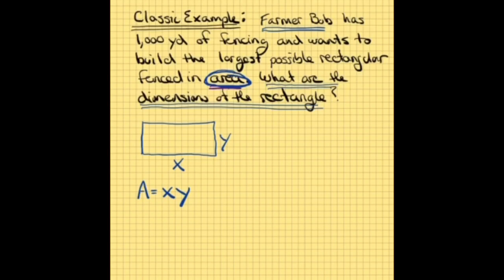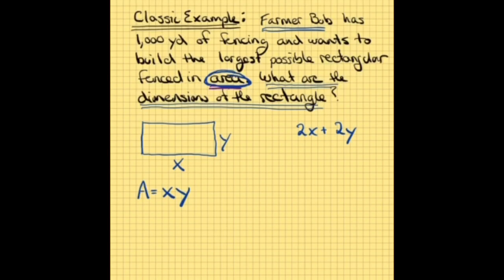The other thing we know is that Farmer Bob has 1,000 yards of fencing. The 1,000 yards of fencing correspond to the perimeter of the rectangle. And one of the things you're going to find in most, if not all, of these optimization problems is a constraint equation. Our constraint is that the perimeter has to be 1,000 yards, and the perimeter of the rectangle that I have drawn over here on the left side is 2x plus 2y.